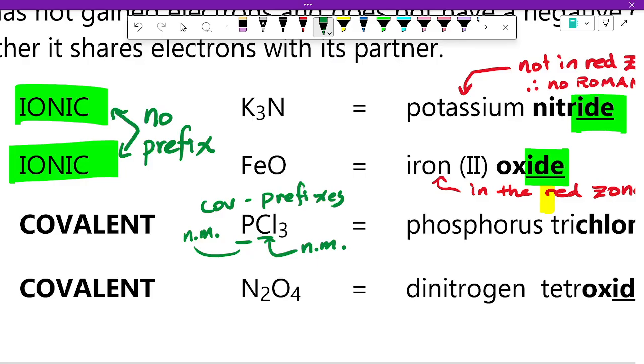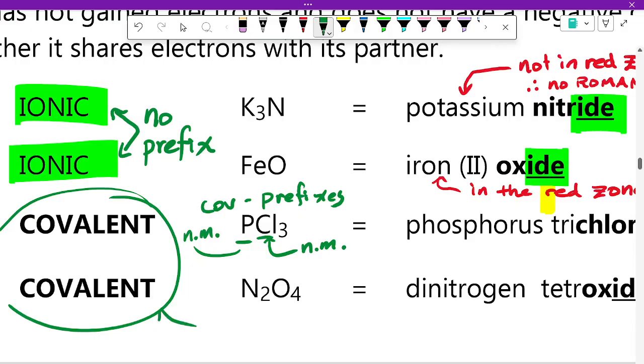And it doesn't matter whether you're looking at the metal part or the non-metal part, there are no prefixes in ionic compounds. But in covalent compounds, yes, prefix. Ionic, no prefix. Covalent, yes, prefix.